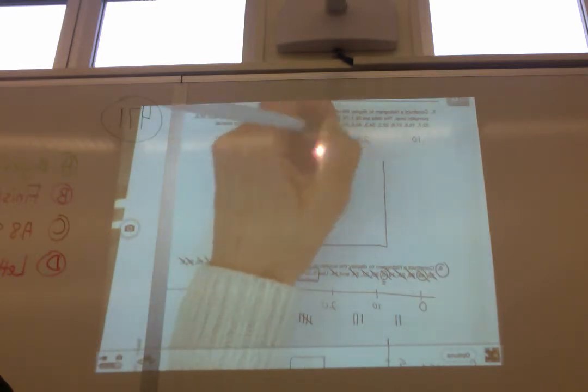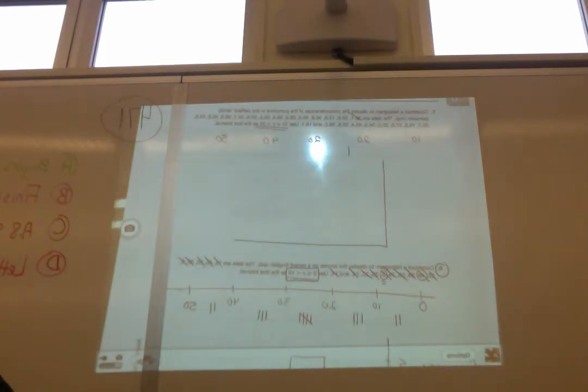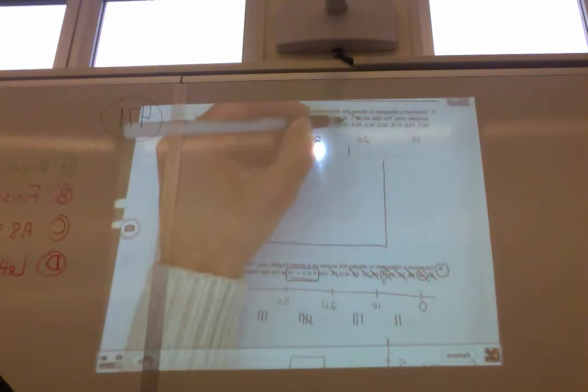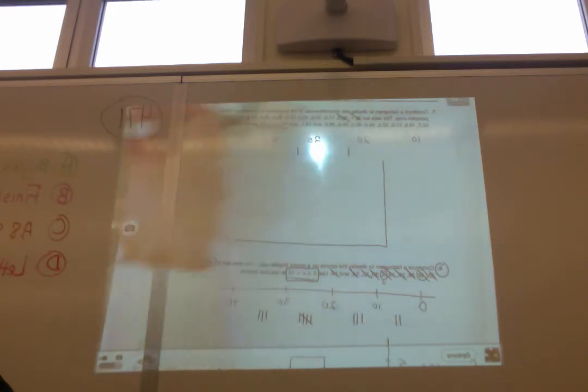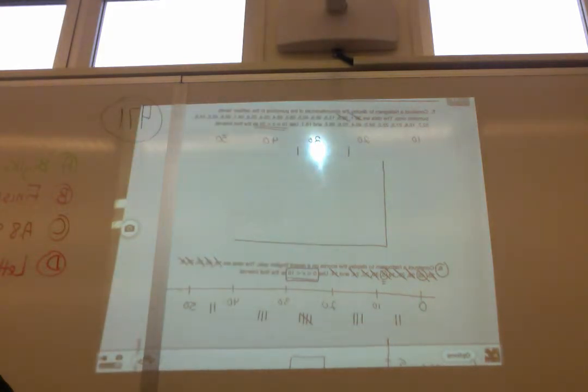I'm going to put a hash mark and then cross that out. The second number is between 30 and 40. Hash or tally mark and cross that out. Work your way along your data set, figure out what's the frequency in each interval, and I'll be walking around to make sure we're on the same page.